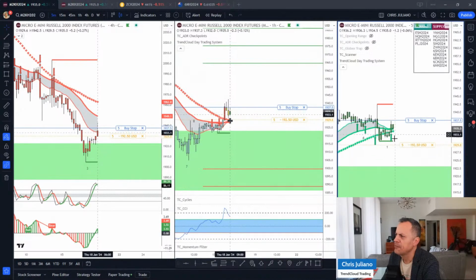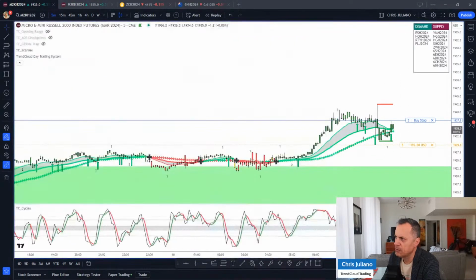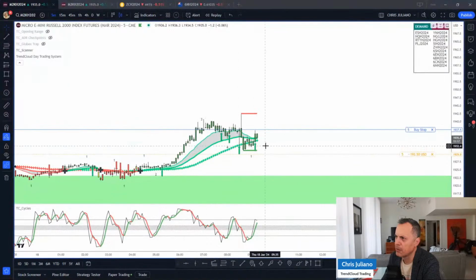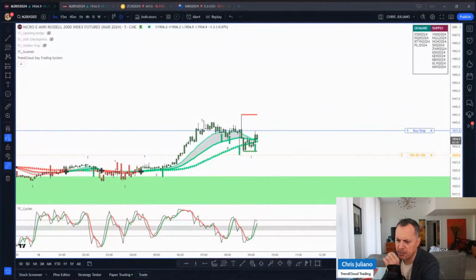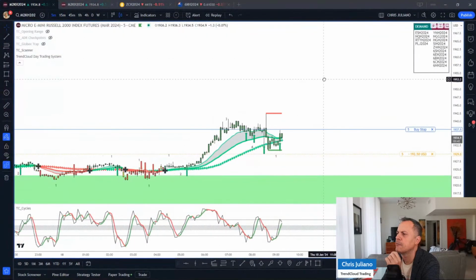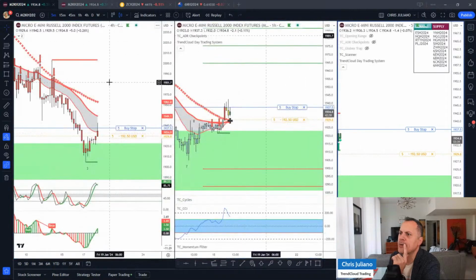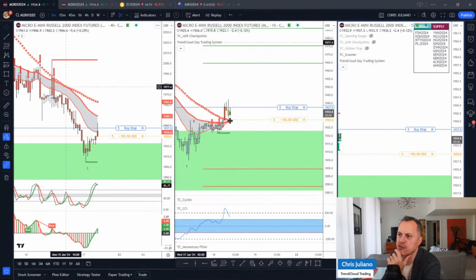So you can see on this entry, let's just take a look at how these entries are working here. See how we're not in the trade yet. So you always want to take the momentum, 4-hour trend and middle of the curve. 4-hour trend, you're saying? 4-hour. The 4-hour trend is not with us. Right. That's right.